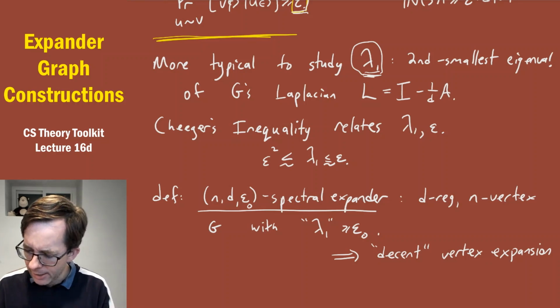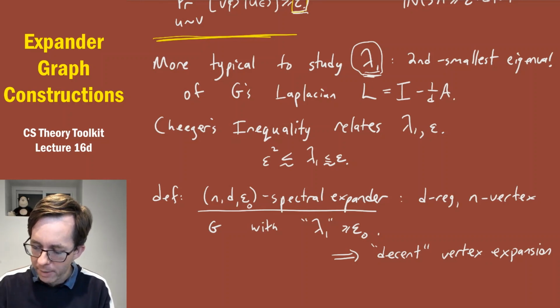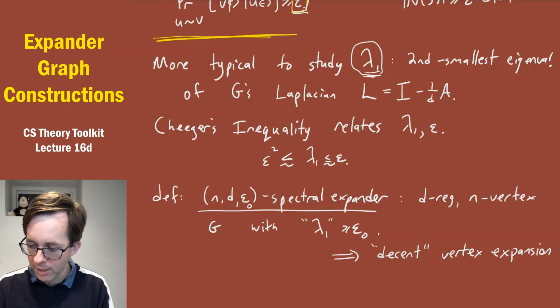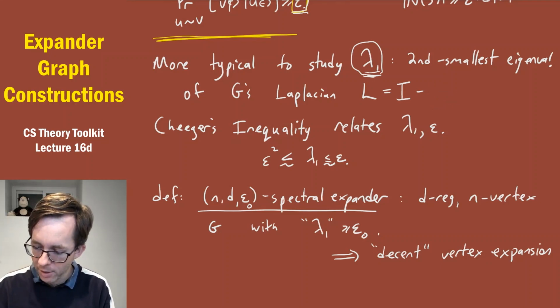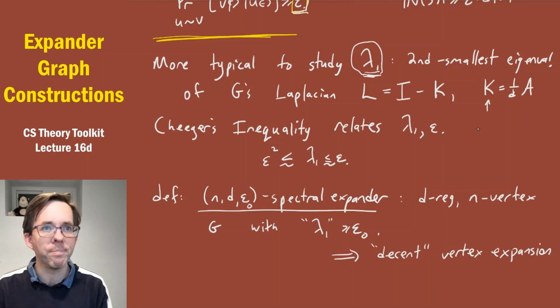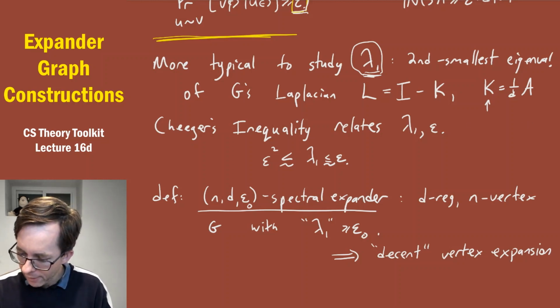And let me just mention here that it can also be good to think about the eigenvalues of A, or this matrix K. This was I minus K, where K is the transition matrix for the graph, 1 over D times A. And this K had eigenvalues that we called kappa 0 through kappa n minus 1 as well.